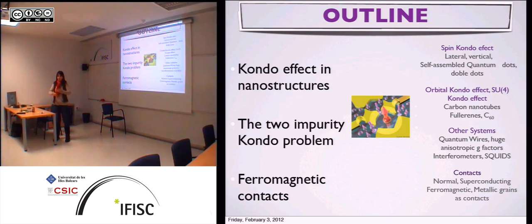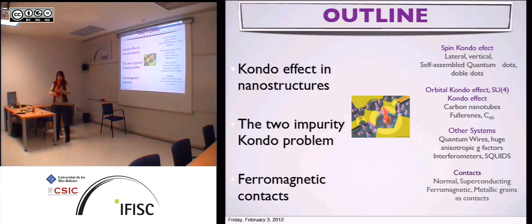The techniques to attack a problem in which the Kondo effect is present are kind of sophisticated. The equation of motion techniques are valid for treating non-equilibrium situations. The worst thing in the non-equilibrium situation is that the techniques are not so well developed as the numerical renormalization group, which is an essentially exact approach, but in equilibrium.